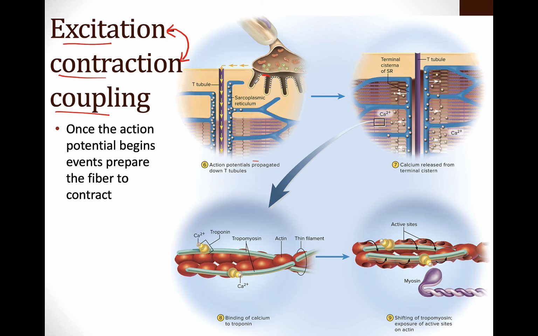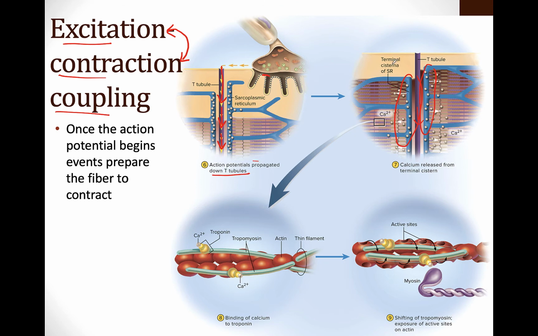So we have an action potential. The action potential is going to travel down the T tubule. This is how it gets to the middle of the muscle cell. Once that action potential travels down this T tubule, it tells those terminal cisternae right here.